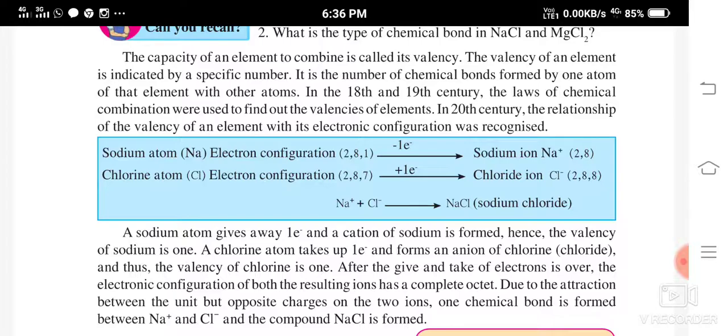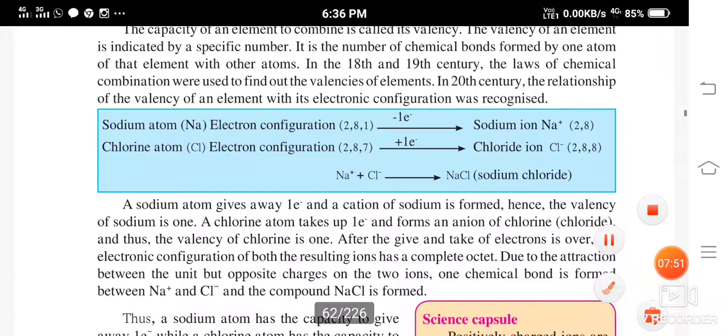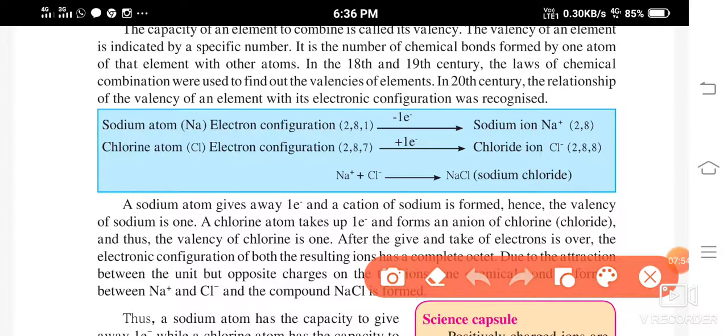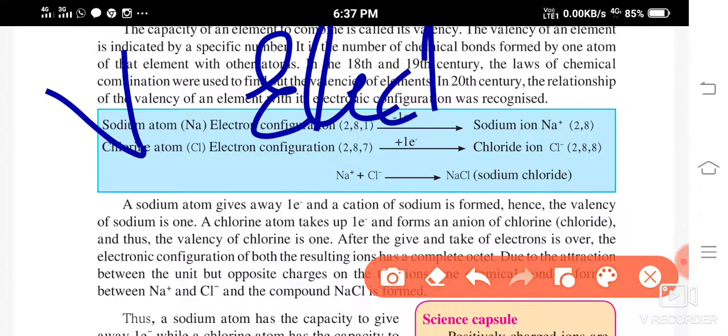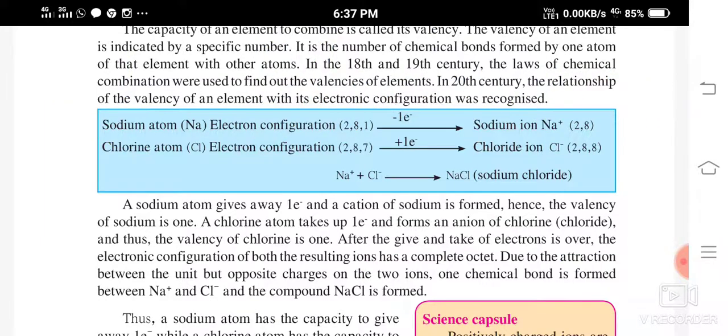So in the 19th century, the laws of chemical combination were used to find the valency, but in the 20th century, the valency was related to the electronic configuration. I will tell you about it.